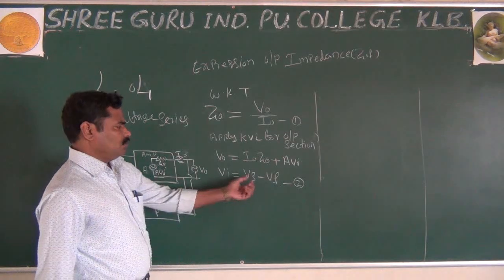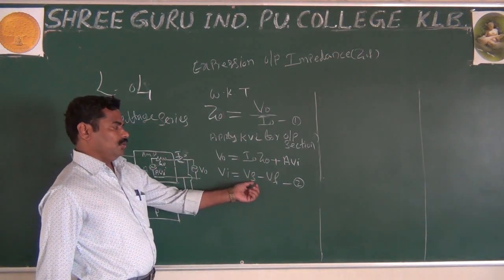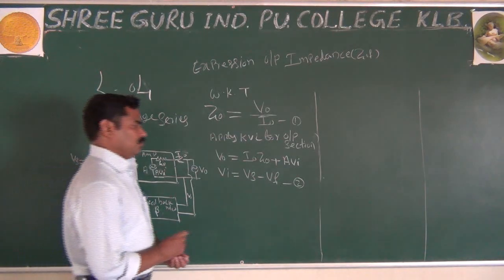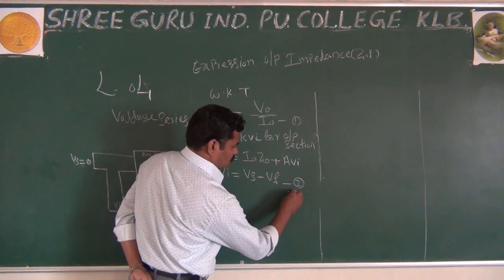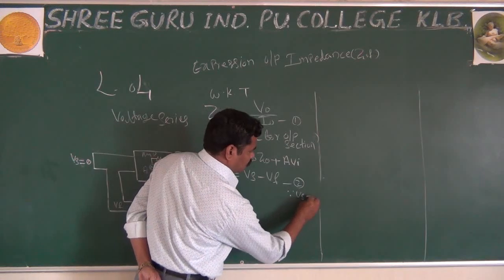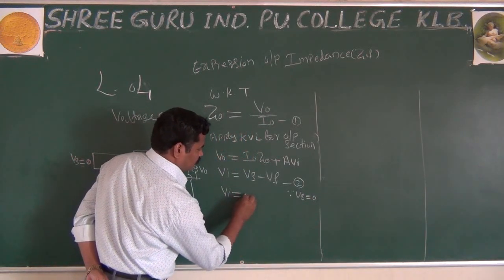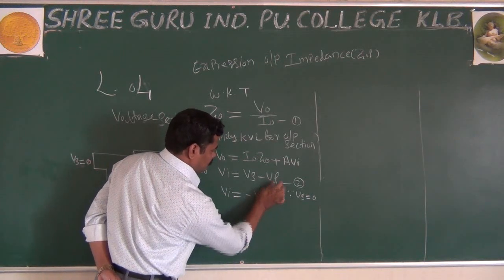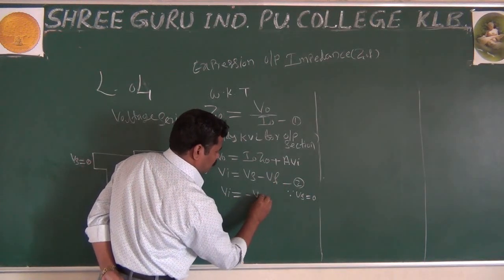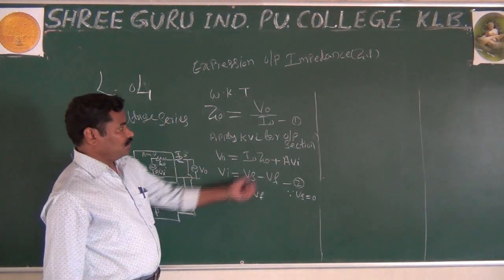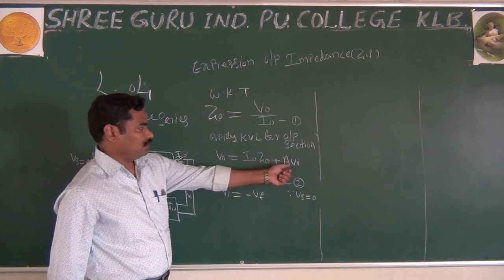And here the basic condition is Vs is 0, because Vs is short circuit. Then it becomes Vi equal to minus Vf.